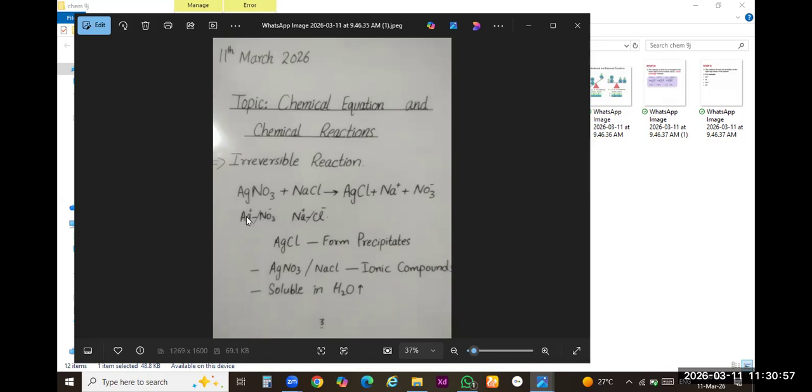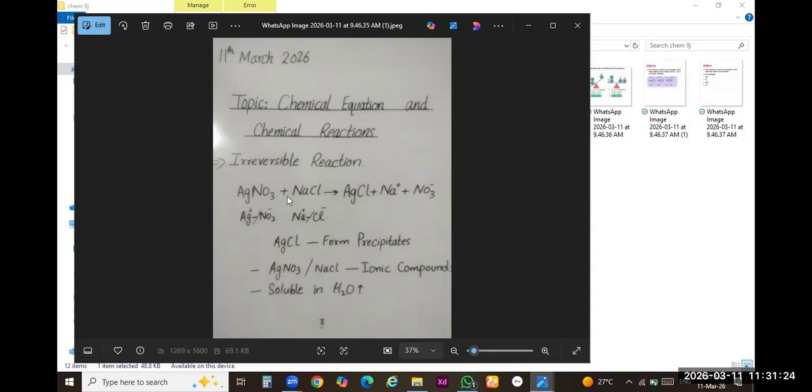Silver carries a positive charge, nitrate carries a negative charge. Sodium carries a positive charge, chloride carries a negative charge. Upon mixing, upon chemical reaction, the bond between these two molecules will break. Basically, in chemical reactions, the old bonds will break and new bonds will form.